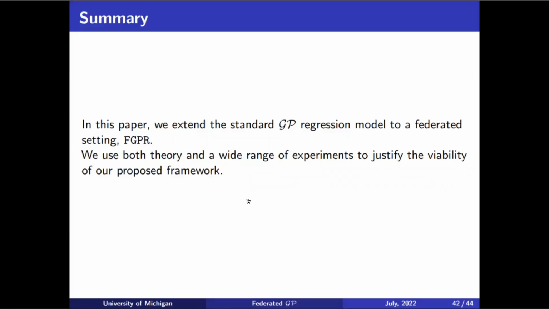In this paper, we extend the standard Gaussian process regression to an FDA scenario, which we call the FGPR. We use both theory and a wide range of experiments to justify the viability of FGPR in real-world applications.